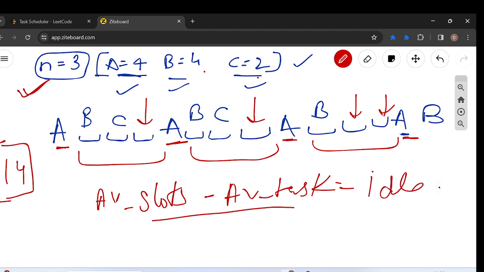So how will we now find the available slots and the available tasks? This is our task, so let's see how we will approach this.